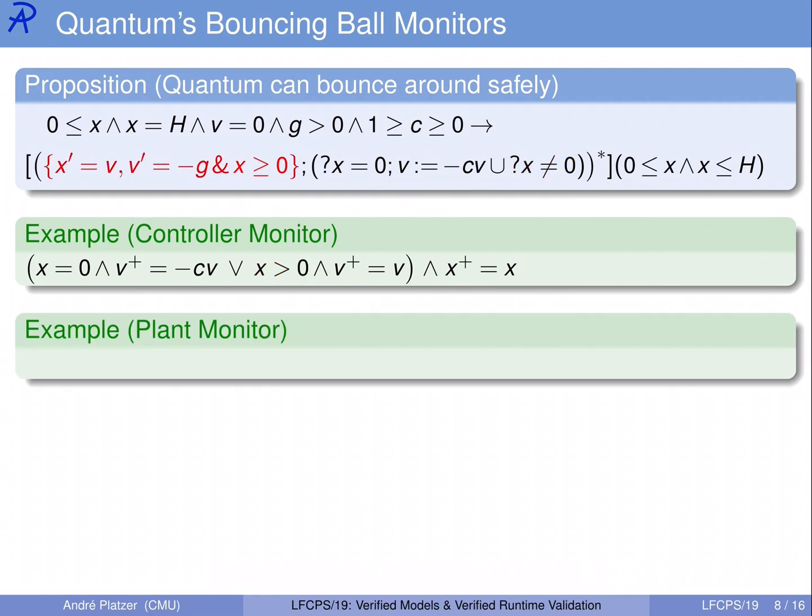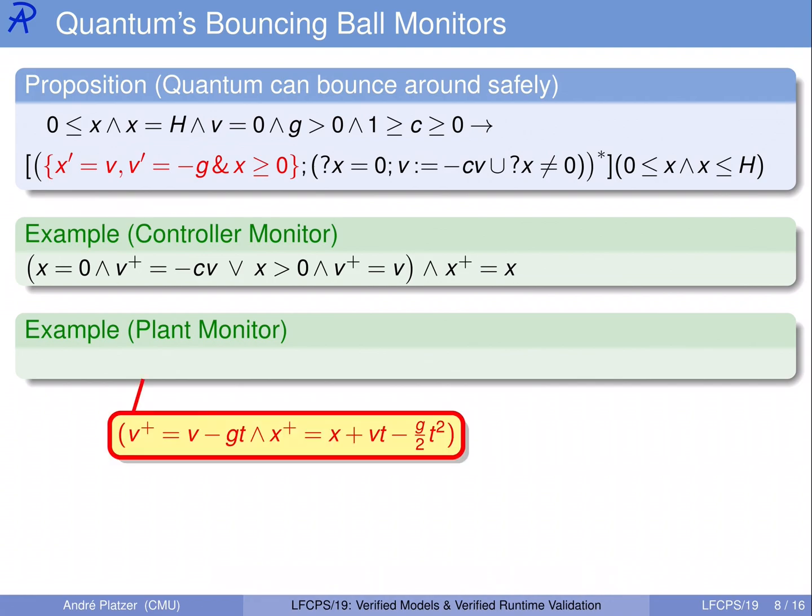Now, how do we monitor whether reality is compatible with the differential equation of gravity that the bouncing ball is flying through? Again, we'll need a formula that's talking about the relationship between old position and velocity and new position and velocity, but there are a lot more choices in there, namely how long the reality follows this differential equation.